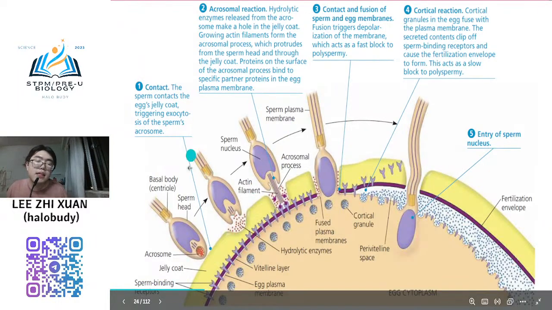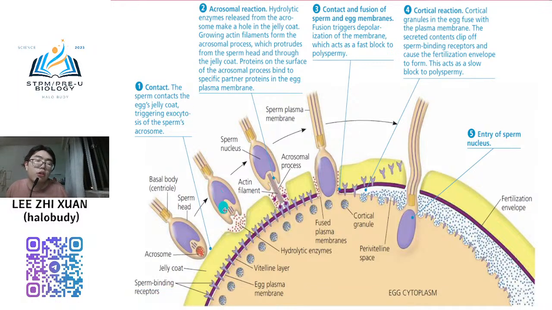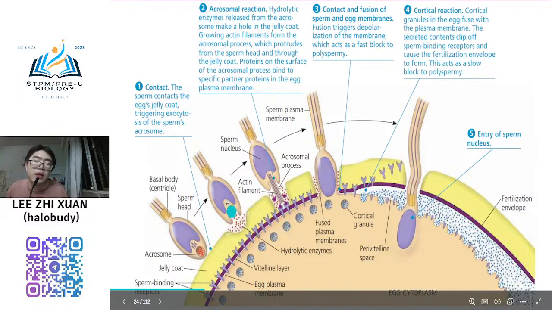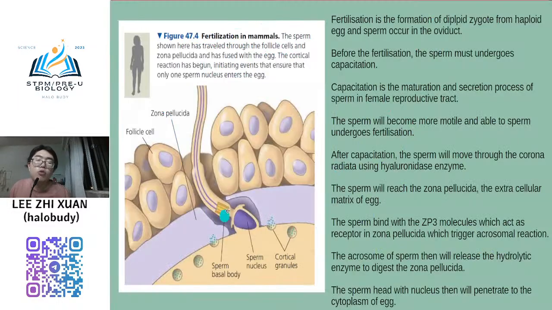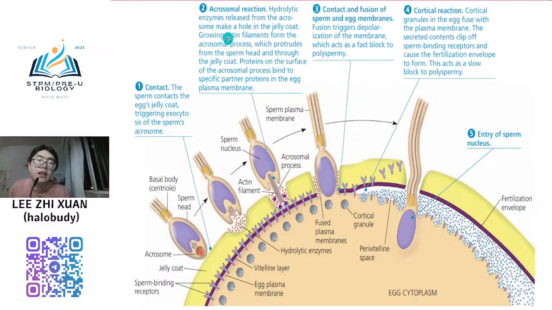So you see this diagram. Similarly, firstly it needs to make contact first. But in another type of animal, it needs to digest the jelly coat first. But in human, we need to digest the zona pellucida first. After that, it will go through the acrosomal reaction. Similar to human, it will release the enzyme to make a hole in the jelly coat. An actin filament forms the acrosomal process, which protrudes from the sperm head and goes through the jelly coat.